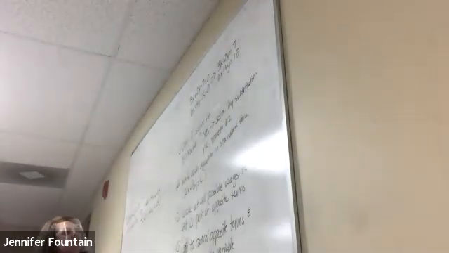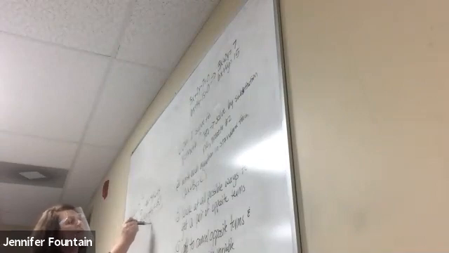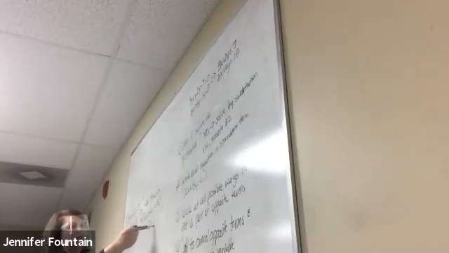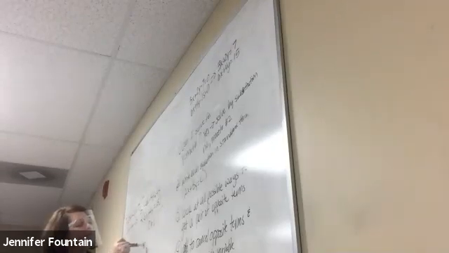What is -4y plus 4y? So this side is 0, right? What is -14 plus 15? It's a 1. Does 0 equal 1? No. So there is no solution to this problem.